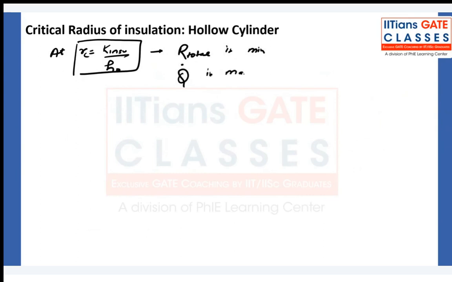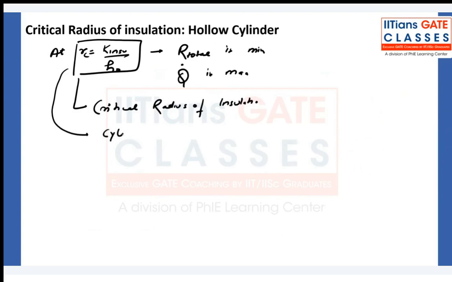And this is called the critical radius of insulation, and this formula is valid for a hollow cylinder. Okay, is it clear, everyone? Shruti, Vijaya, is it clear?